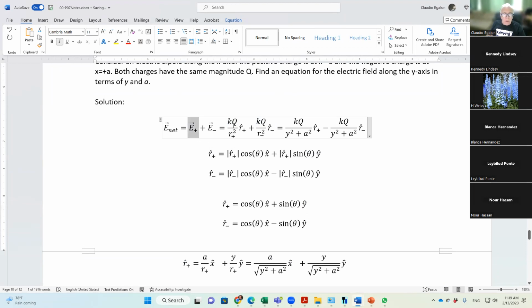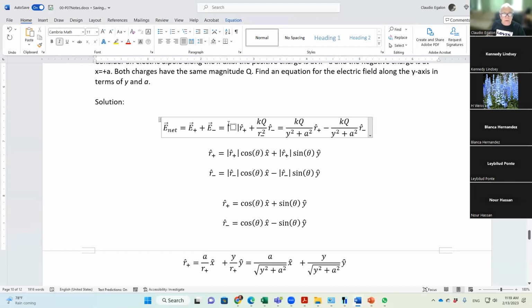Here you go. You write down the magnitude of the electric field times the direction of the electric field. Then you write down the magnitude of the other electric field, which, by the way, has the same magnitude as the other one, and the r hat minus. That's the proper way of doing that. And now we have a plus sign here.